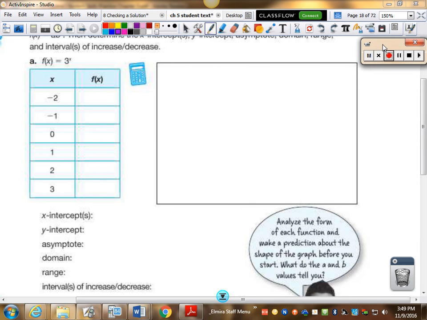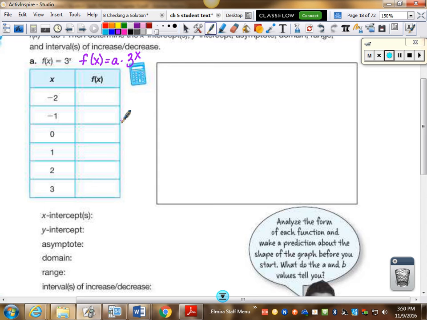So this is back to your textbook again, and we've got an exponential function here. We're used to seeing f of x, or I'm starting to try to get you used to seeing a times b to the x power. Well, Mrs. Andrews, I only see one number, and it's the one with the exponent. So the b here is the 3.